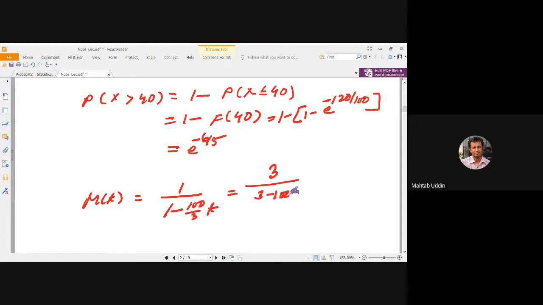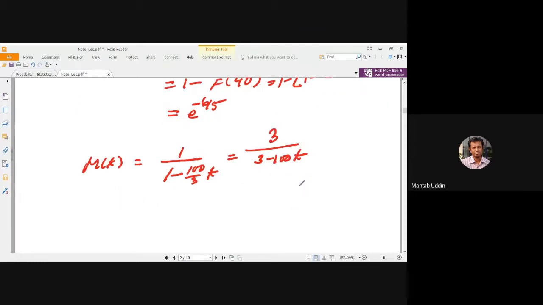Also, I can ask you to find the median. The median is theta ln 2. So 100 by 3 ln 2. Do you understand? Yes, sir. The maths is so small, but you have to understand what the question actually says.